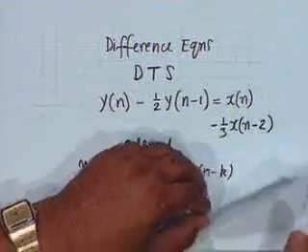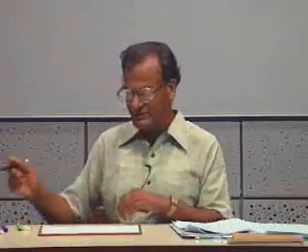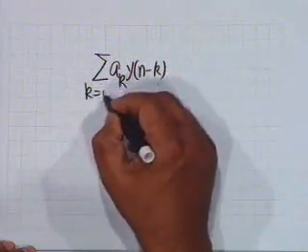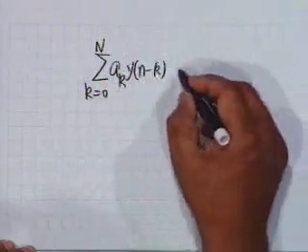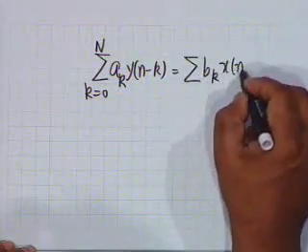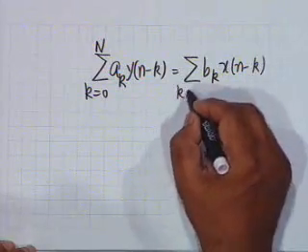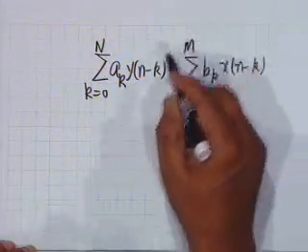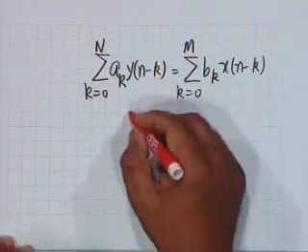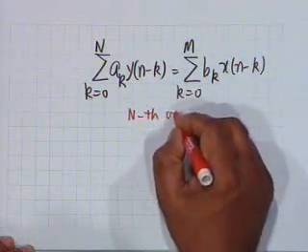The general equation of a discrete time system in terms of a difference equation is of this form: summation a_k y of n minus k, k equals 0 to, let's say, capital N, is equal to summation b_k x of n minus k, k equals 0 to, let's say, capital M. This is an nth order system.